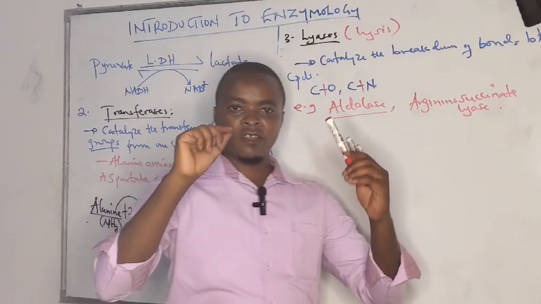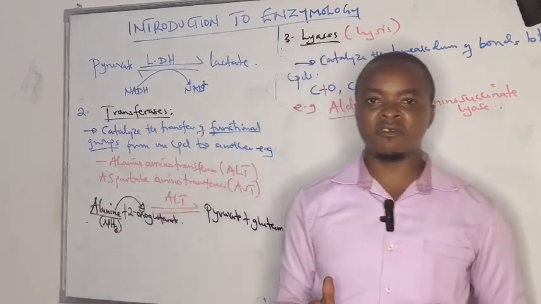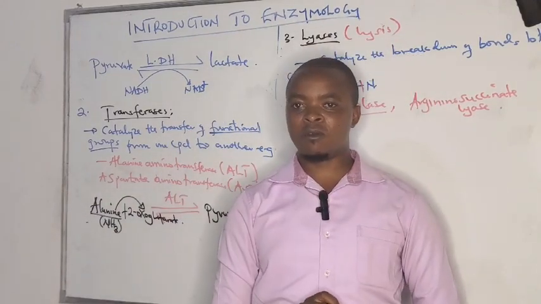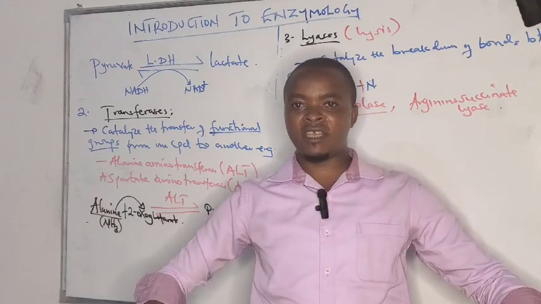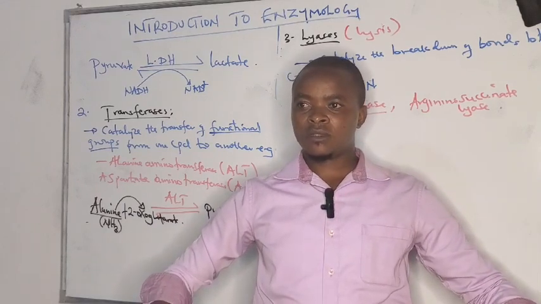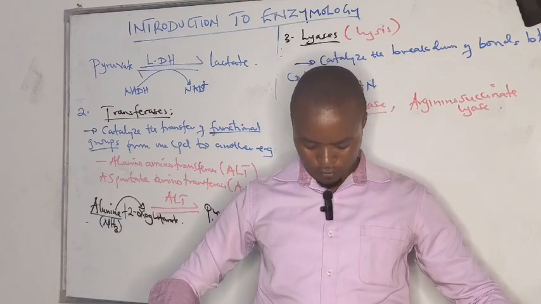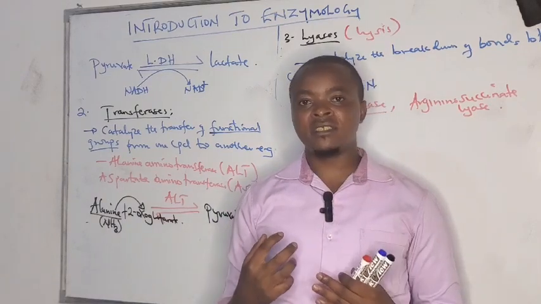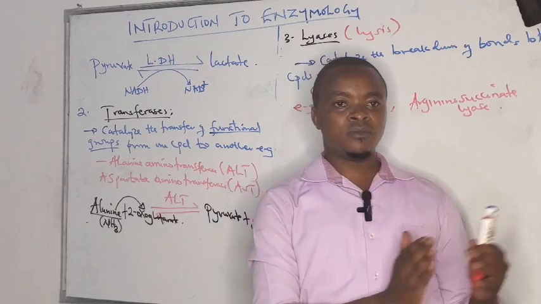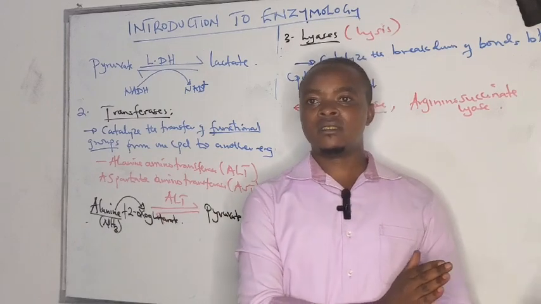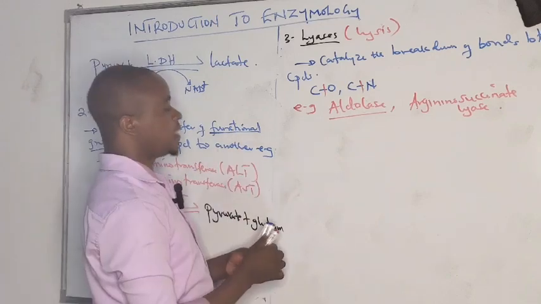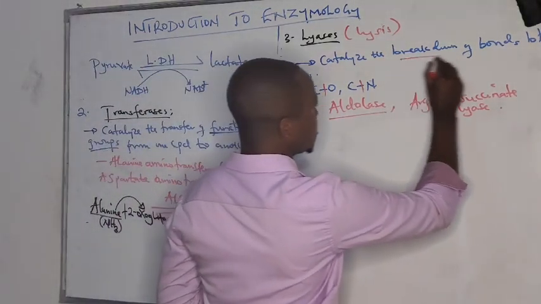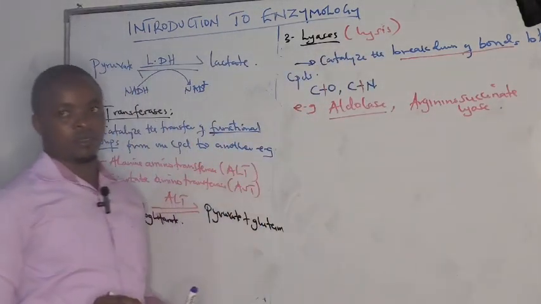When we have fructose 1,6-bisphosphate, which is a 6-carbon compound, we see it breaking it down, cleaving it into 2, to form dihydroxyacetone phosphate and glyceraldehyde 3-phosphate. That's why we are saying they break down bonds between compounds.